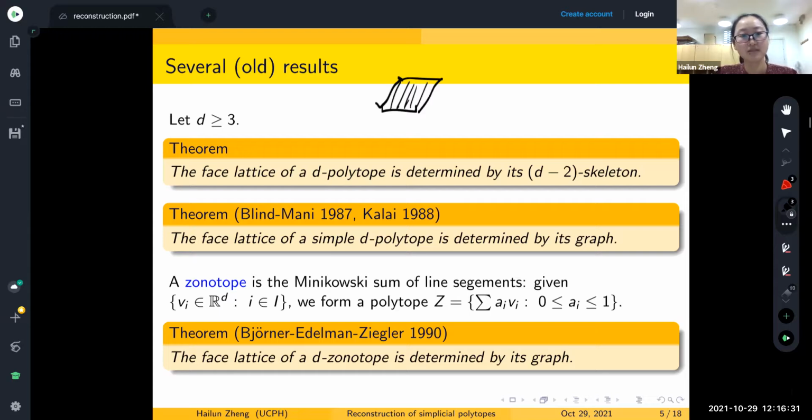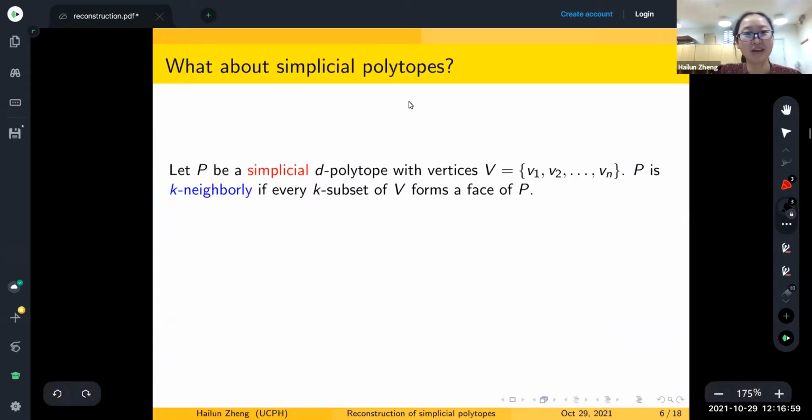For this class of polytopes, we have a very similar result due to Blind, Mani, and Ziegler. They proved that the face lattice of a D-sonotope is determined by its graph. That's nice. But if you consider other types of polytopes in general, they cannot be determined by their graph. So let me mention our main objects today: the simplicial polytopes.